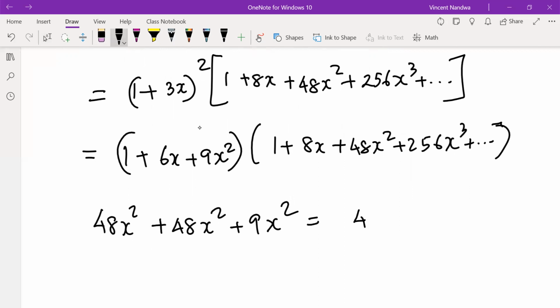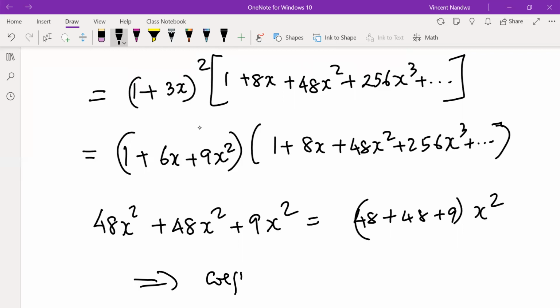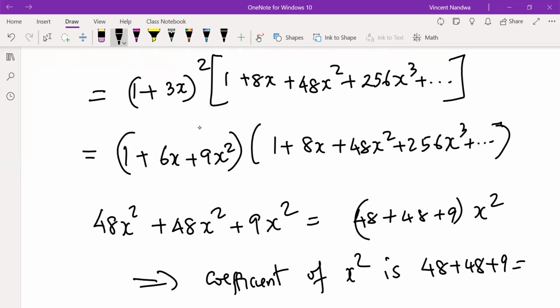So we'll have 48 plus 48 plus 9, so it means the coefficient of x squared is 105.